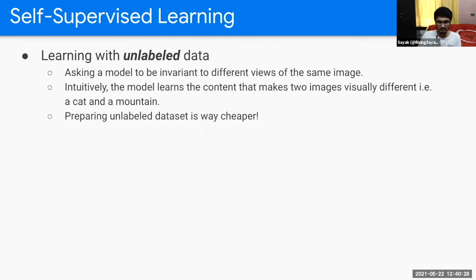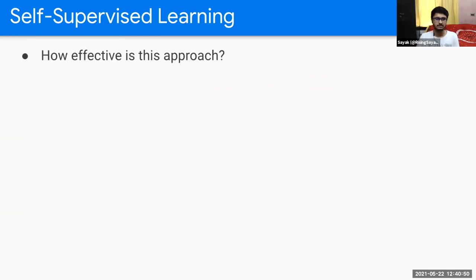And preparing unlabeled data is way cheaper. Basically, the internet is an unlimited source of unlabeled data. Of course, that's for natural images. If you are working in medical domains, this is still relevant, because preparing an unlabeled dataset is any day cheaper, right?